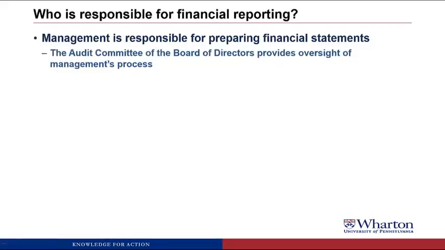First, the Audit Committee of the Board of Directors provides oversight of management's accounting process. However, this is not a foolproof check on managers' opportunistic behavior. One of the biggest financial statement frauds ever was Enron, and the head of their audit committee was a guy whose full-time job was accounting professor, which means you could put someone like me on the board and still have these kinds of problems.